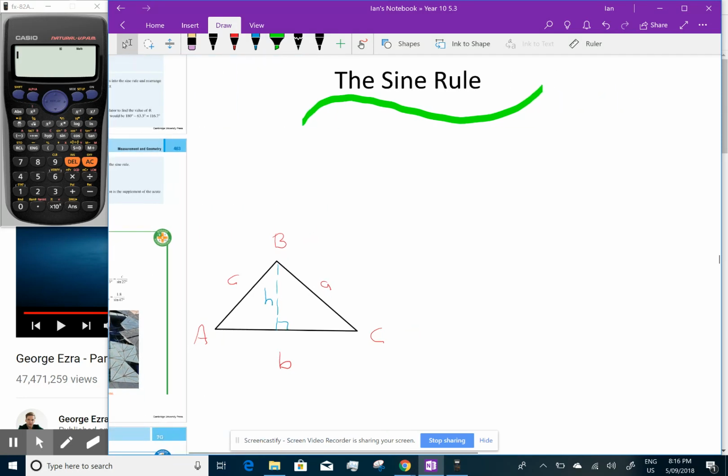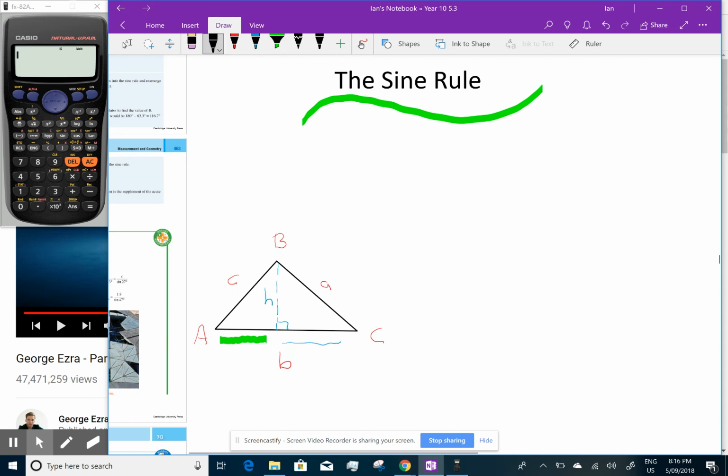And what I'm going to do now is I'm going to find h in both sides of this triangle. Indeed, you can think of it as two triangles. You can think of it as the triangle on the right-hand side, just this side, or you can think of it as the triangle on the left-hand side, this side.